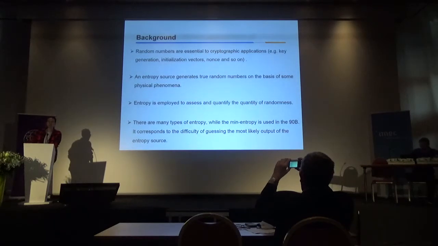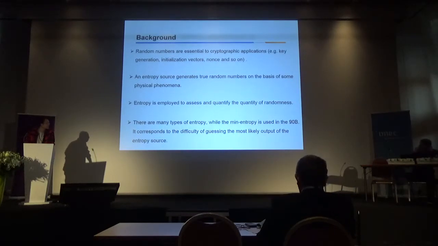But there are many types of entropy, while the min-entropy is used in the NIID certification. It corresponds to the difficulty of guessing the most likely output of the entropy source.